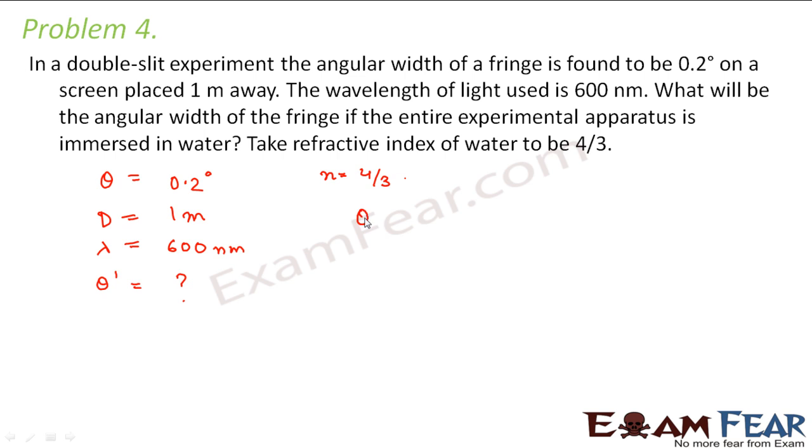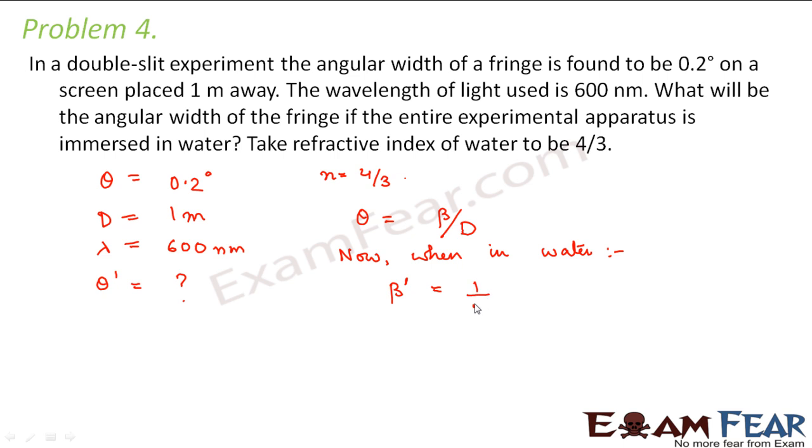So what do we know? We know that angular width of a fringe, or angular fringe width, is nothing but linear fringe width divided by capital D. Right? Now, when it is placed inside water, what happens to the new fringe width, that is beta dash?